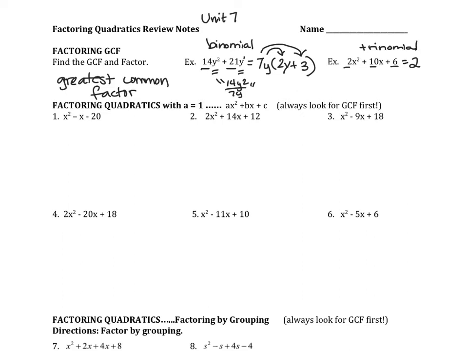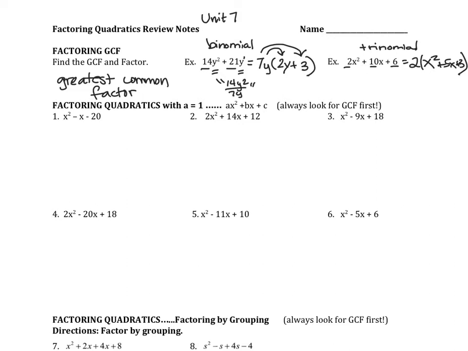They do not have any variables in common because they don't all 3 have an x. So I'm just going to factor a 2 out of each one. 2x squared divided by 2 would leave me with x squared. 10x divided by 2 would leave me with 5x. And finally, 6 divided by 2 would leave me with 3. And that would be my polynomial in factored form.